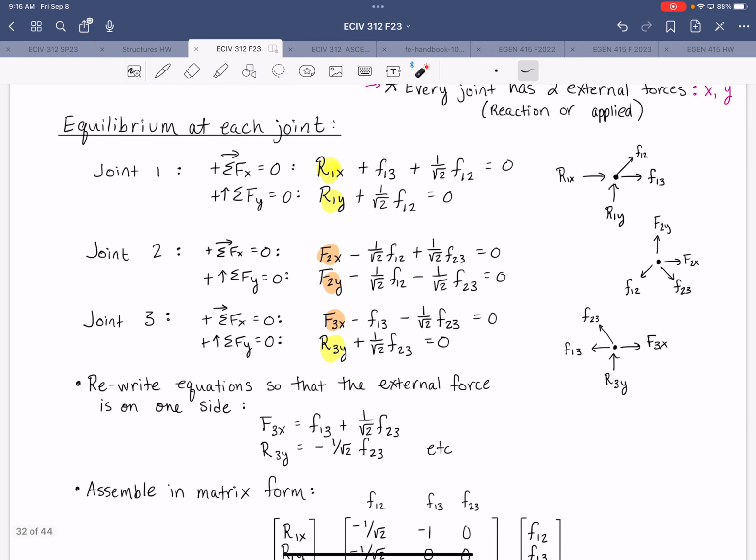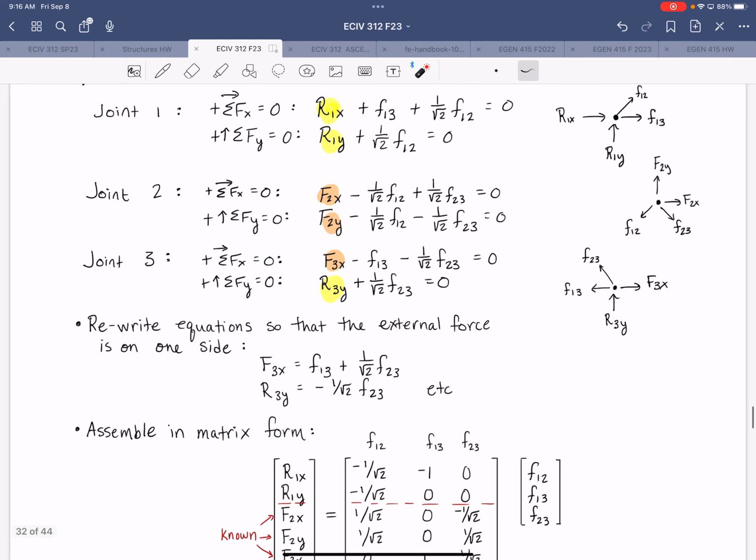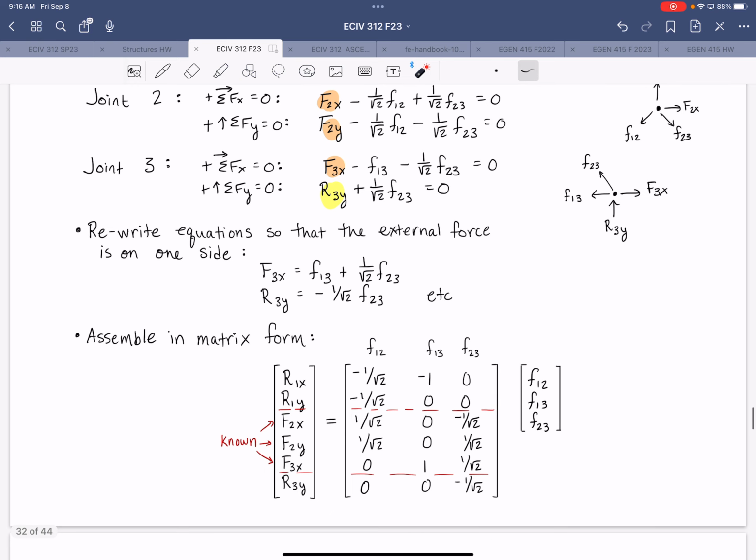So we want to rewrite or rearrange these equations so that the external forces are isolated on one side of the equation. You would do this for every single equation at each joint. And then you're ready to assemble it into a matrix form that will be conducive to our solution.